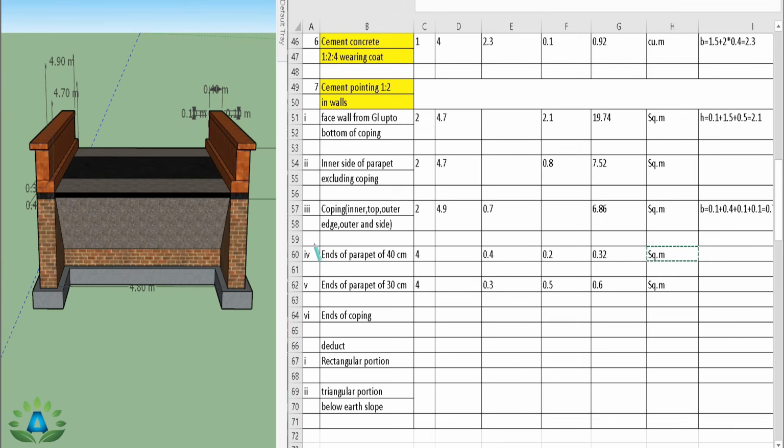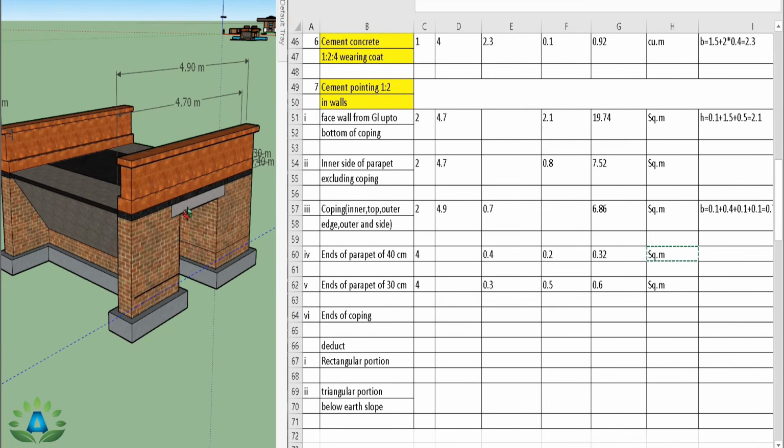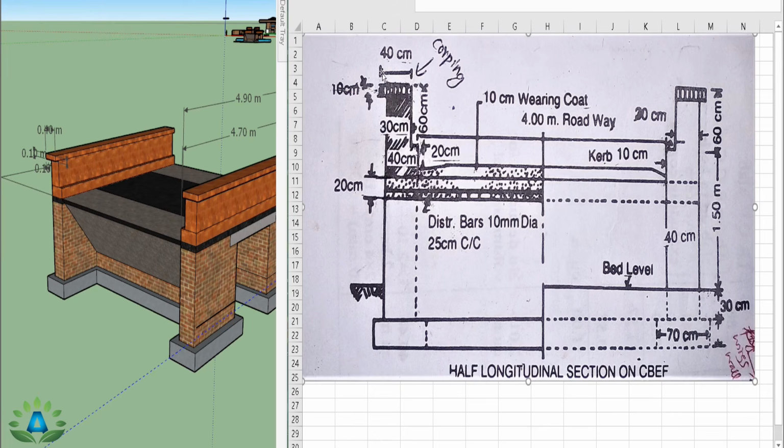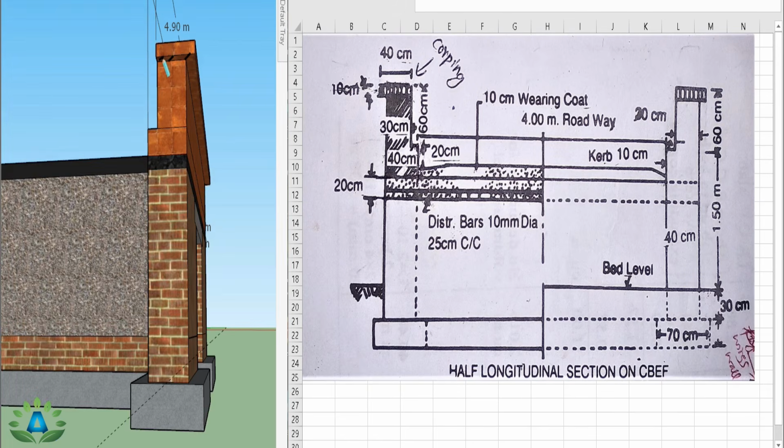Now we are going to do these ends of the coping, that means we have 4 number of ends of this coping, that means this portion, and these 2 small portions here and here. So we have ends of coping 4 in number, having the width of 0.4 and the height of 0.1. And while calculating the height, we also need to calculate the small projection portion, that means this 0.1 meter projection.